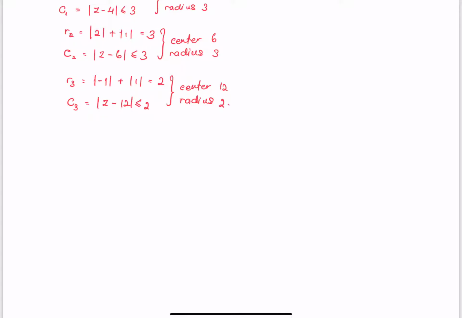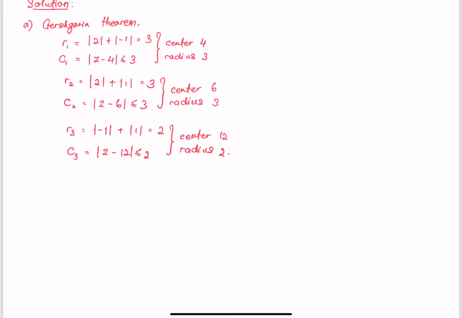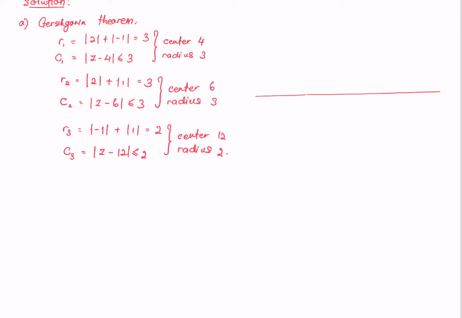After that, we can draw the circles to show that our eigenvalues must be in those ranges. The first one is centered at 4, let's say here is our 4, and our radius is 3.